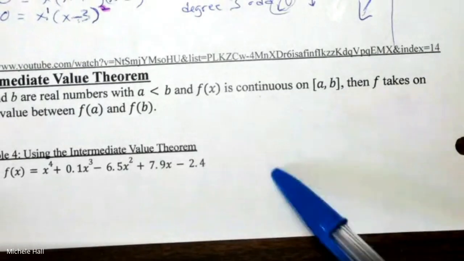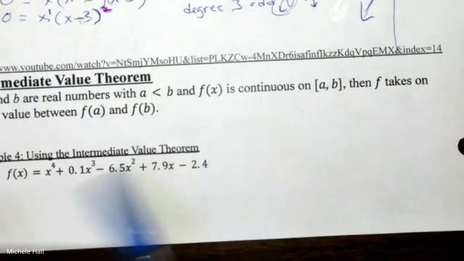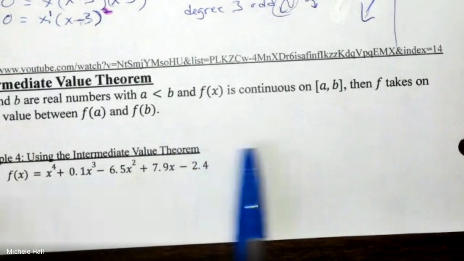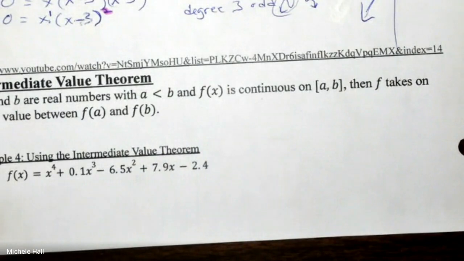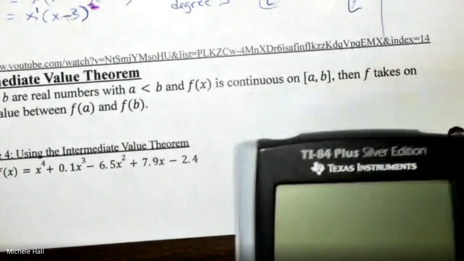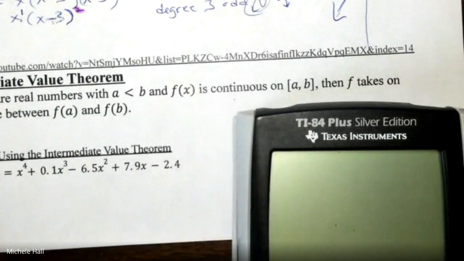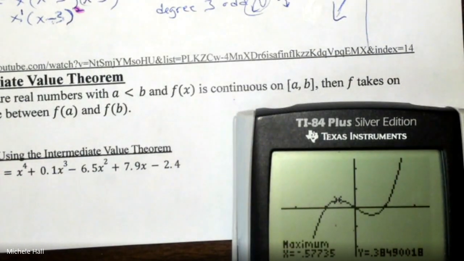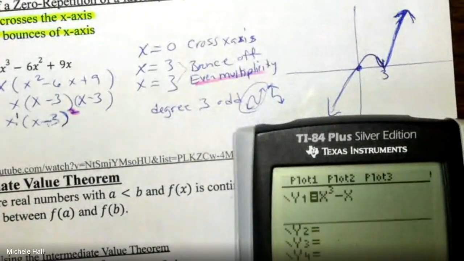Okay, for example 4, we are going to use our graphing calculator to find those x-intercepts. The intermediate value theorem just says that you have these 2 points and there must be a 0 between them. So we're going to graph this.